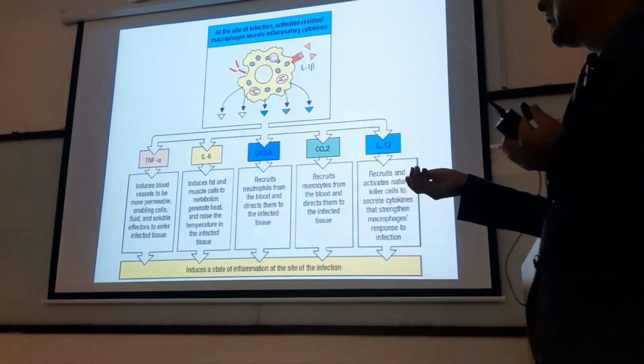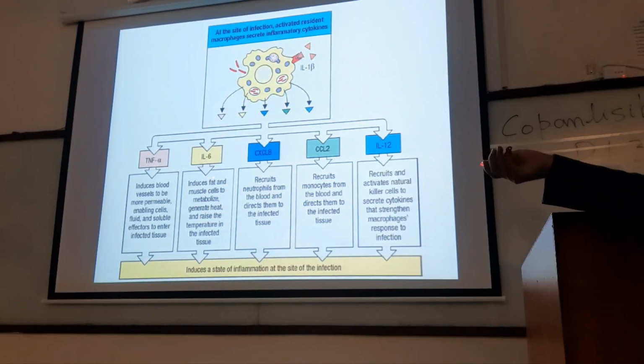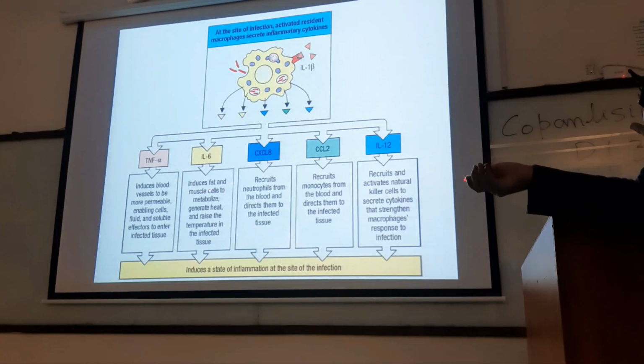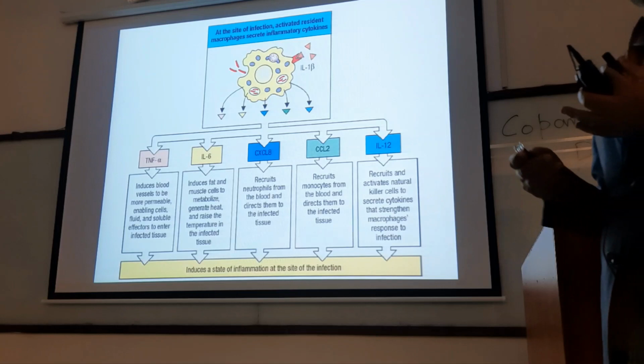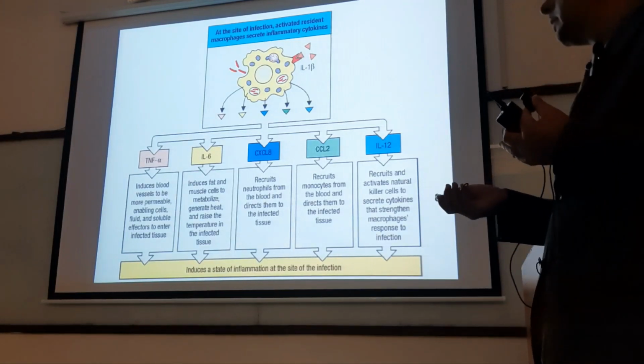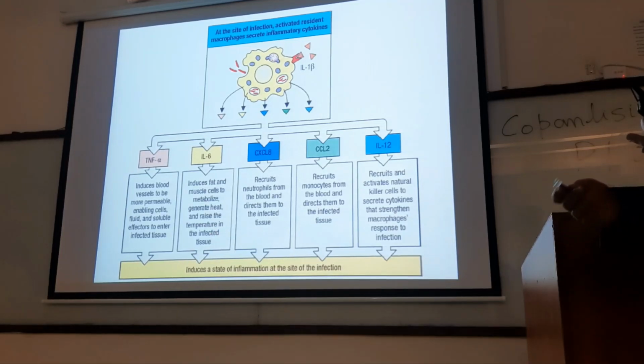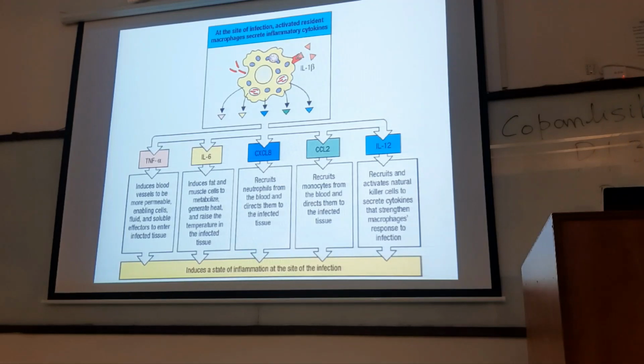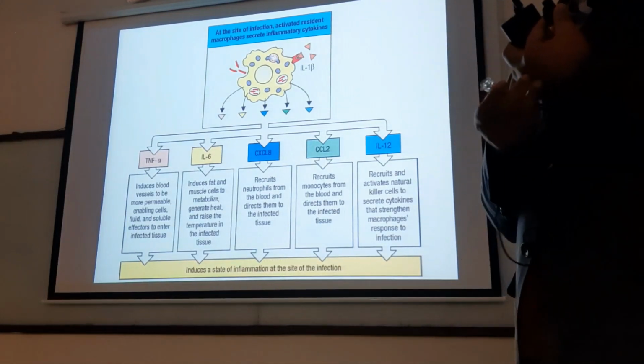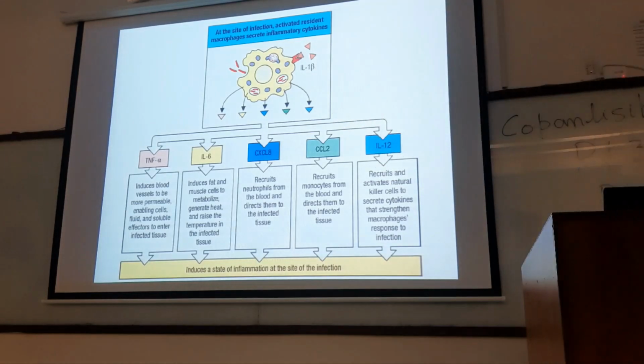Then there is interleukin-6 secreted by the macrophage, and it induces fat and muscle cells to start metabolism, generate heat, and raise the temperature in the infected tissues. You see that when there is inflammation, the temperature of the inflamed area is increased, and it feels hotter as compared to the rest of the body.